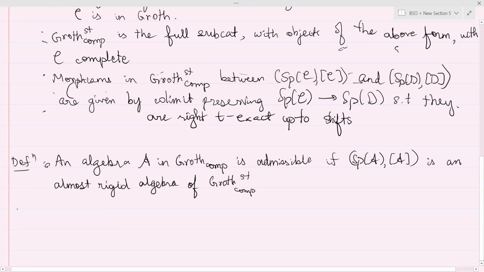I'll just write out what this means. So this means that, firstly, the multiplication map on A is compact.